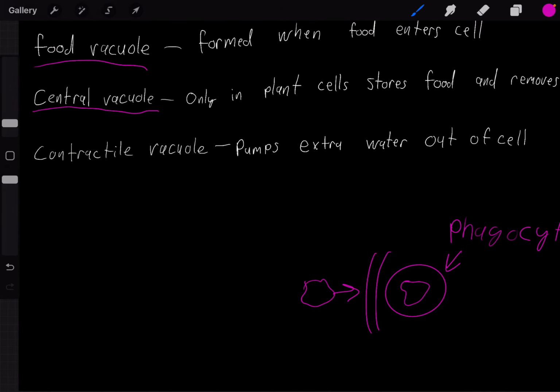The contractile vacuole pumps extra water out of the cell so that whatever has a contractile vacuole does not burst, does not lyse in water. I'm pretty sure it's the paramecium. The paramecium has a contractile vacuole that pumps the water out of the cell once it's full, so it does not burst and can survive in water. So that's another important vacuole.